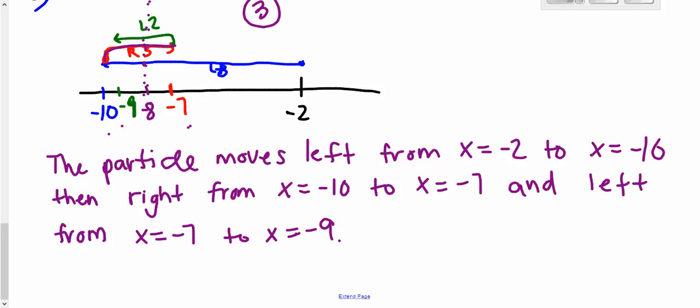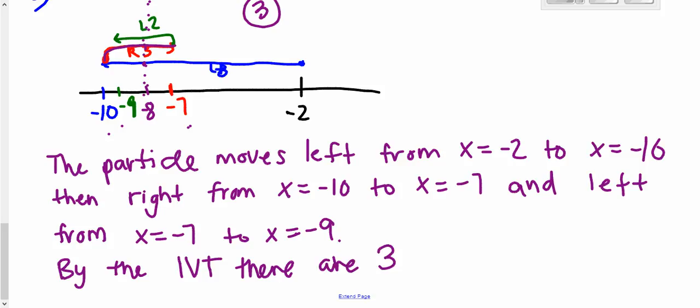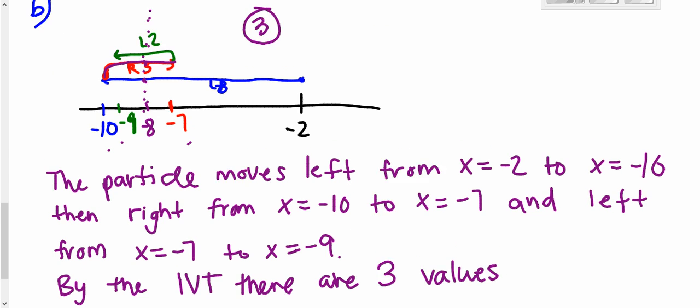So what is that theorem that tells us if we pass over a number and our function is continuous, it's going to include that number? That's the intermediate value theorem. So we don't have to write all those crazy words out, IVT, there are 3 values. 3 values of what?